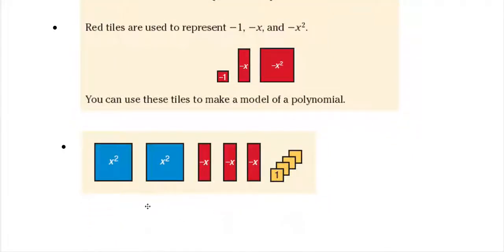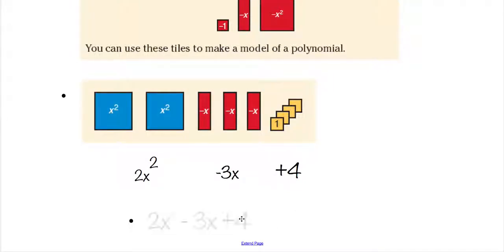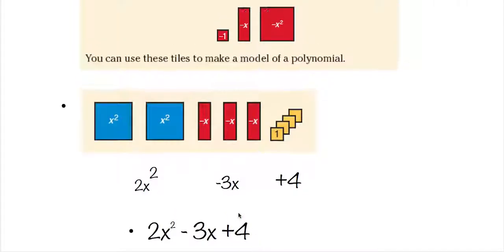Two x squared tiles is 2x squared, three negative x tiles is negative 3x, and four unit tiles is positive 4. Simply combine all of them and you end up with 2x squared minus 3x plus 4. So your algebra tiles basically model your polynomial. In this case, 2x squared minus 3x plus 4 is what is being modeled in your algebra tiles right here.